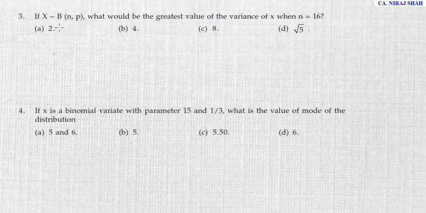If x is following binomial distribution with parameters n and p, what would be the greatest value of the variance of x when n is equal to 16? Now, we'll get the greatest value of variance when the distribution is symmetric.